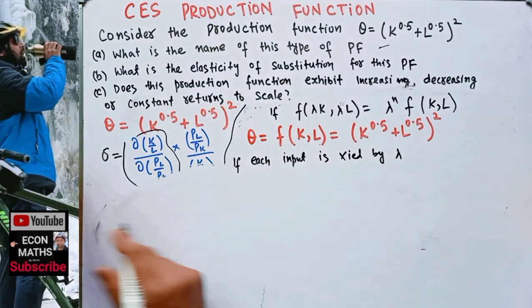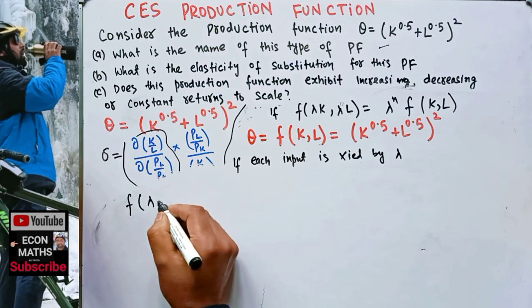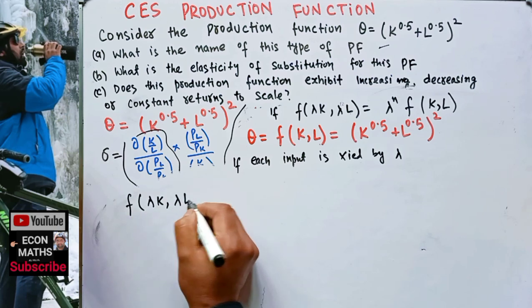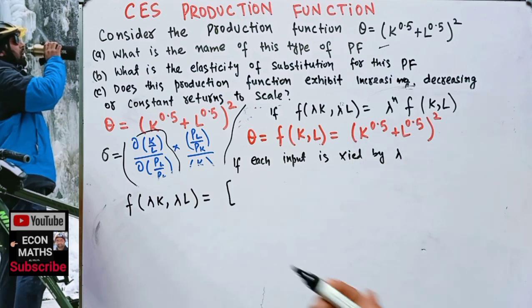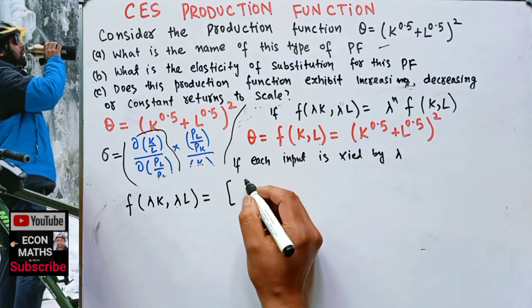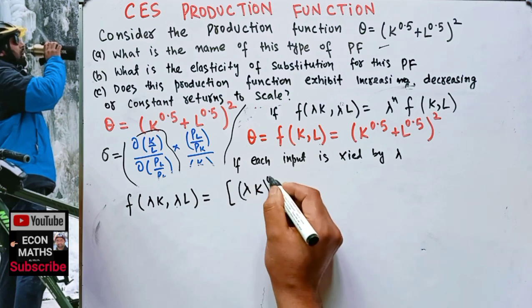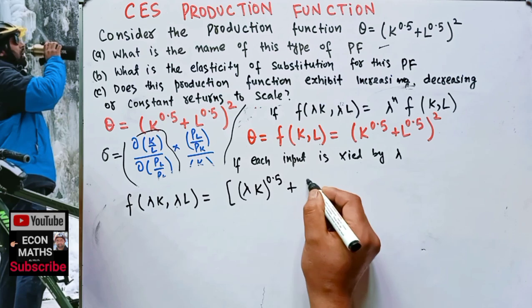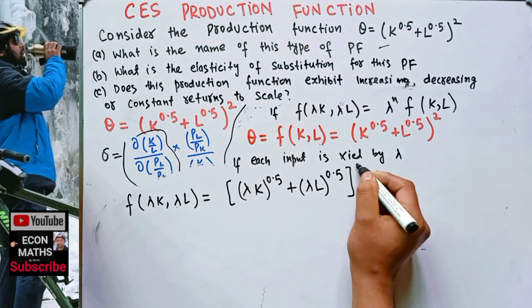Then our f of lambda k, lambda l will become lambda k raised to the power 0.5 plus lambda l raised to the power 0.5, whole squared.